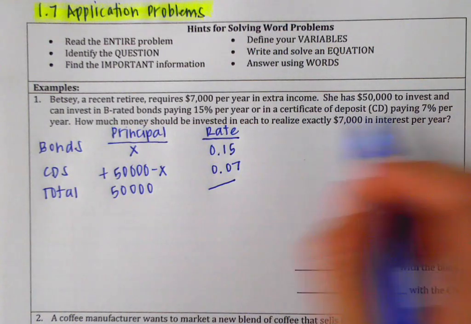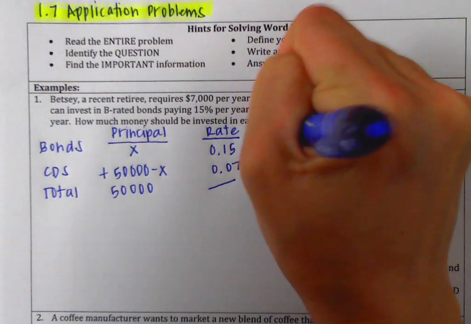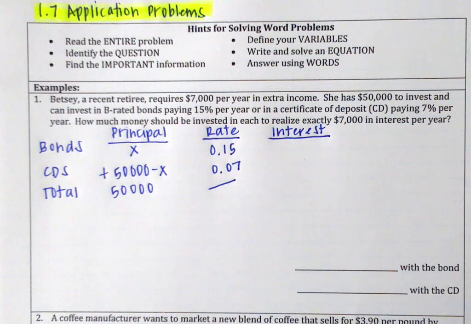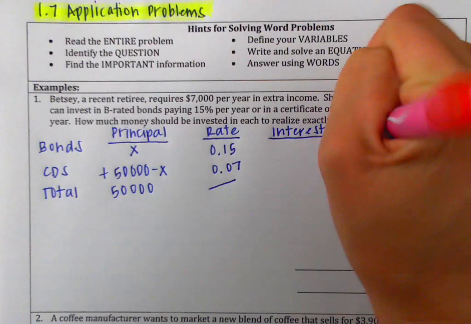Okay, so then let's talk about interest. So interest in real life, how you calculate interest, is always the principal times the rate.